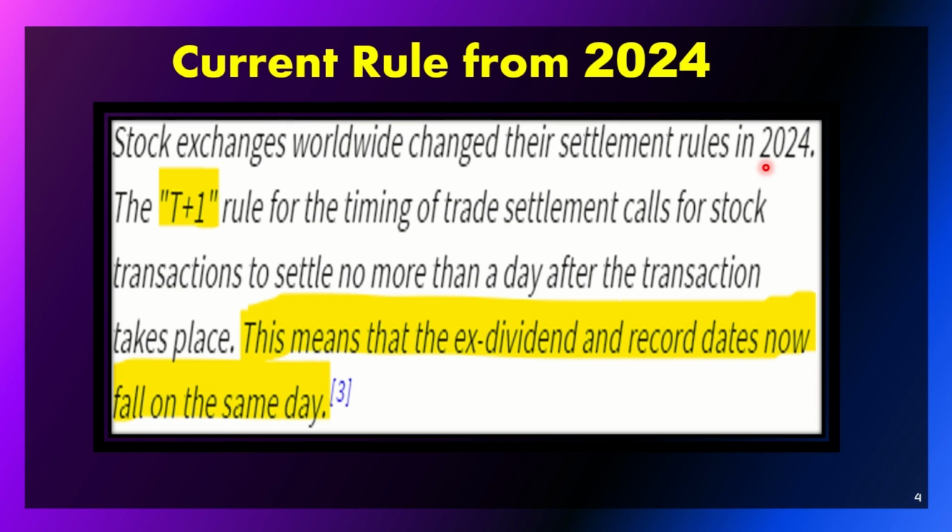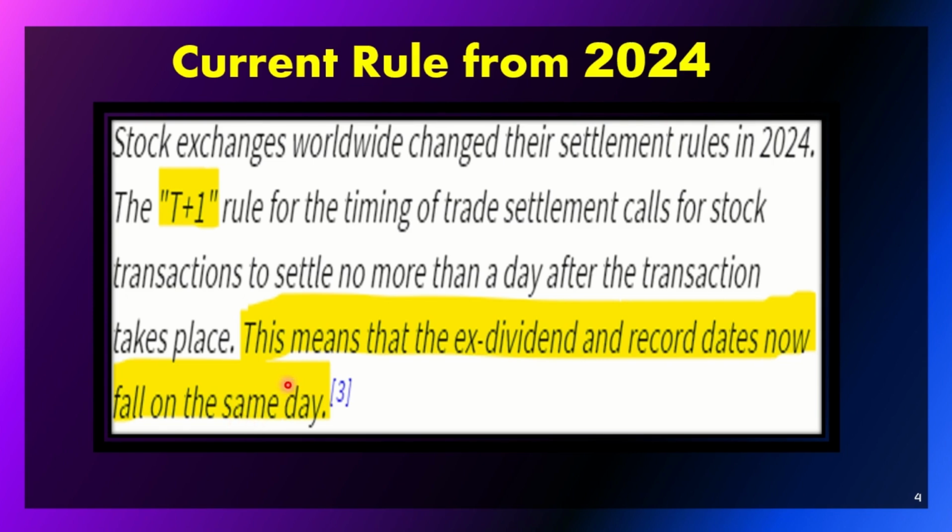But in 2024 the rule announced that we need to follow a T+1 settlement cycle, meaning a stock transaction settles no more than a day after the transaction takes place. This means the ex-dividend and record date now fall on the same day. Whichever country follows T+1, for a company announcing a dividend, the record date and ex-dividend date will both be the same.